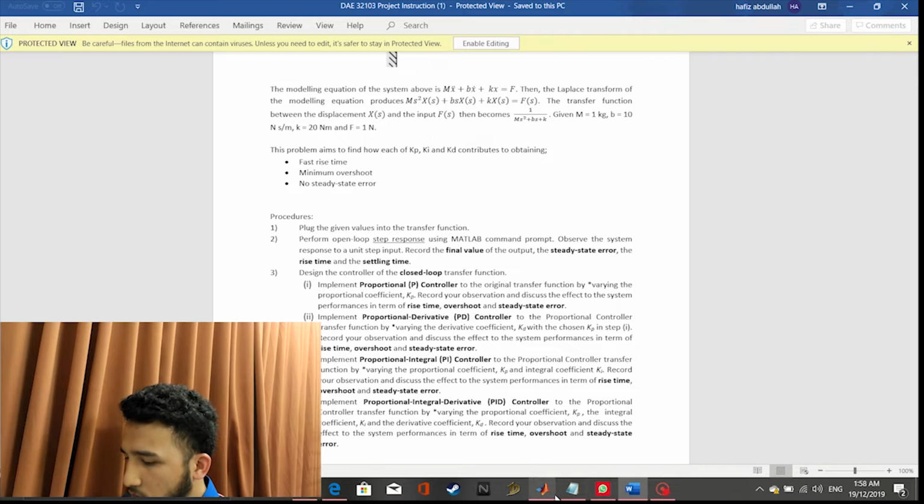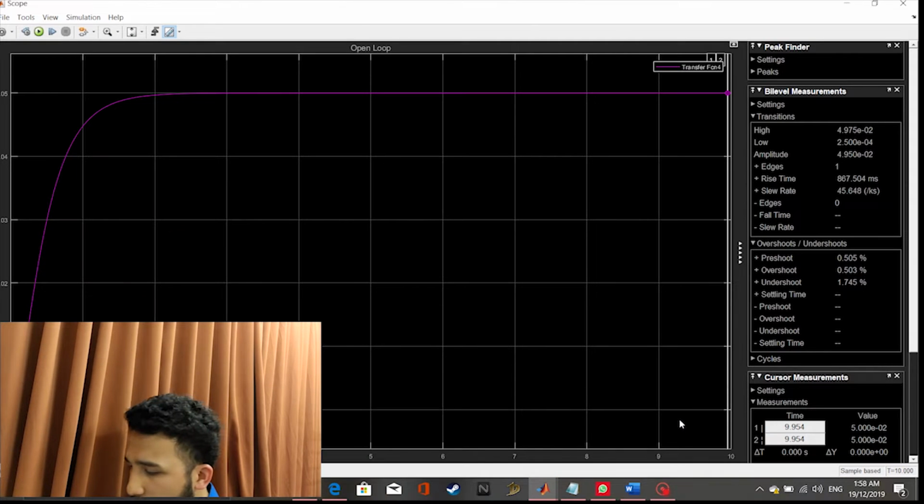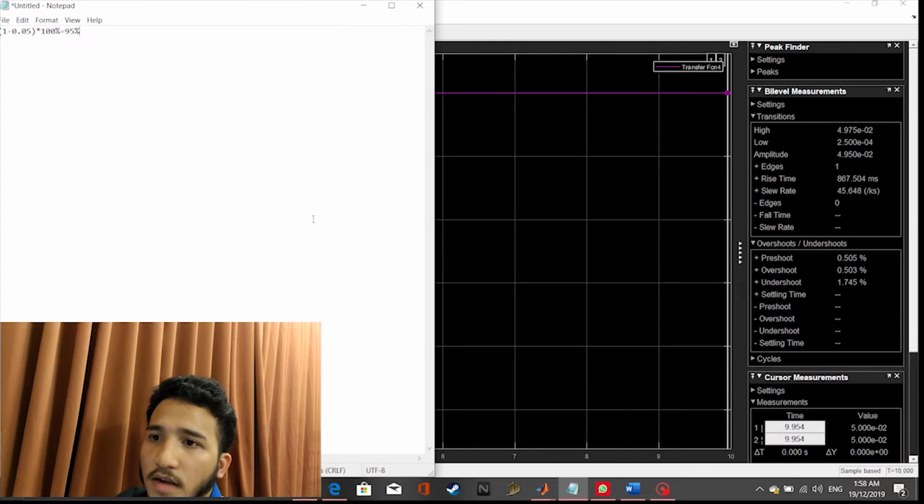the steady state error is high because the final value is 0.05, which means that 1 minus 0.05 times 100% will equal 95%, which means that the steady state error is high. But the requirement is we need no steady state error.